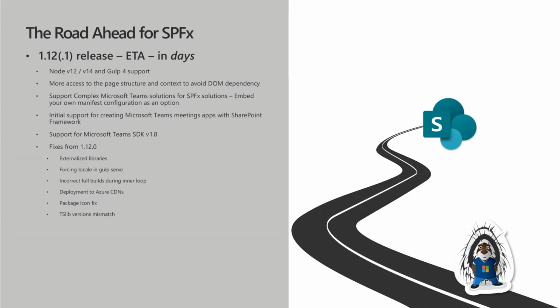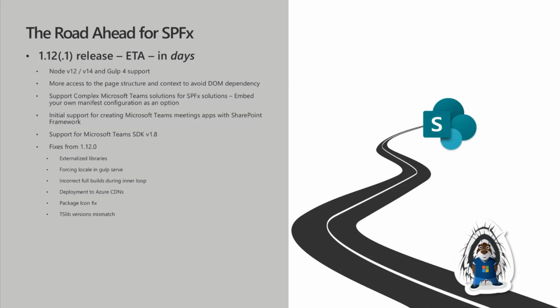So let's talk about the 1.12.1 release, which is what we are going to ship soon after some fixes that we are working on, thanks to feedback that we got, as well as some new round of extensive tests.